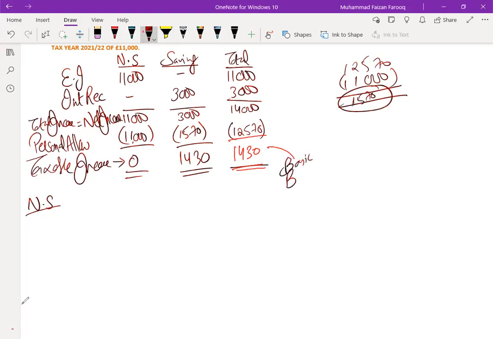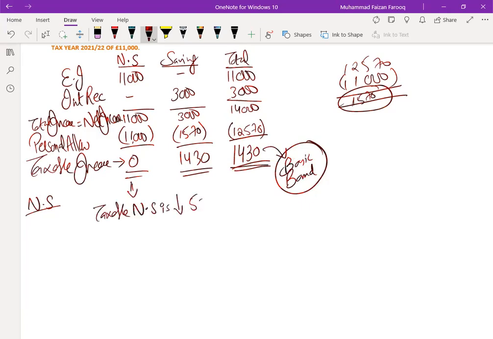I guess it will be basic. He is a basic band taxpayer. Why? Because his income is below 37,700, right? So he's a basic band taxpayer. His taxable non-saving is below 5,000, right or wrong? It's zero, and zero means below. Now, non-savings are not available, so no tax on non-savings.